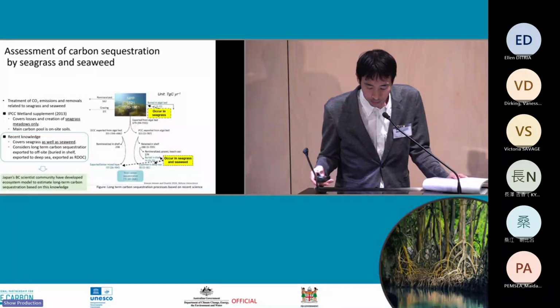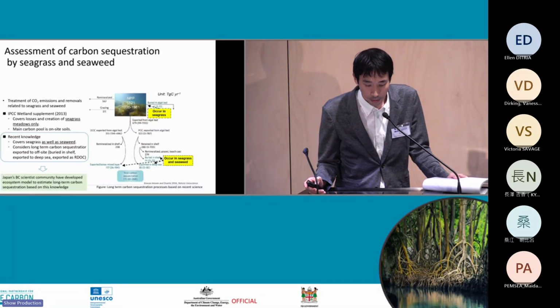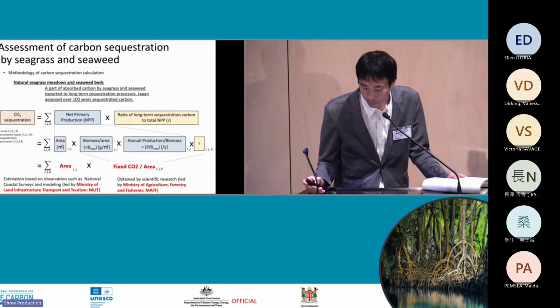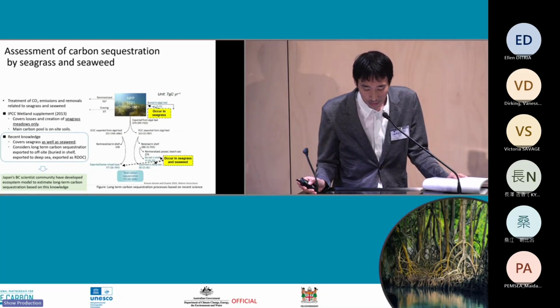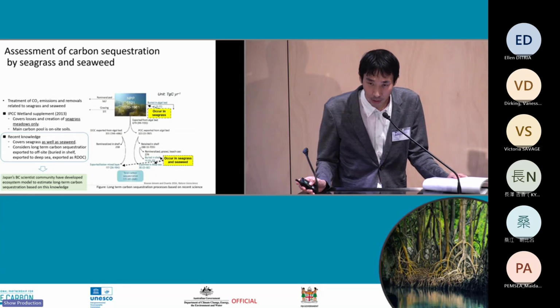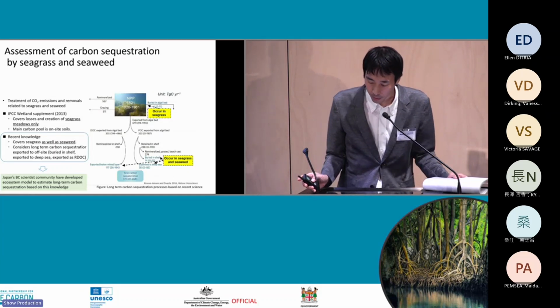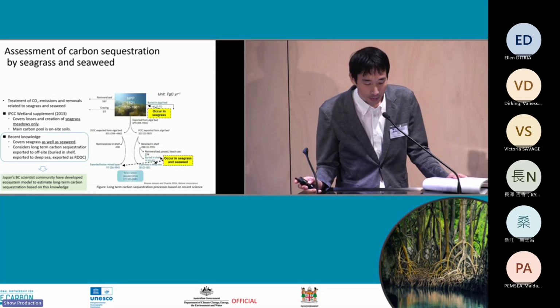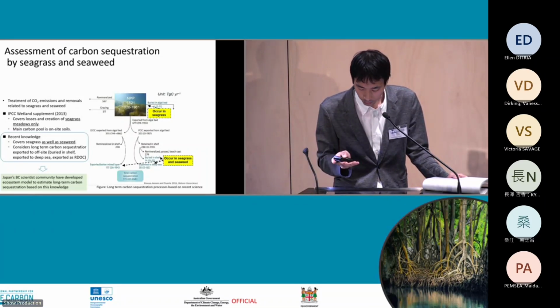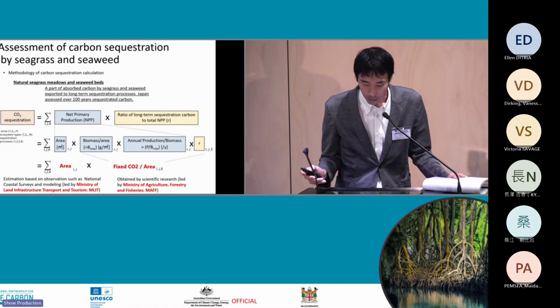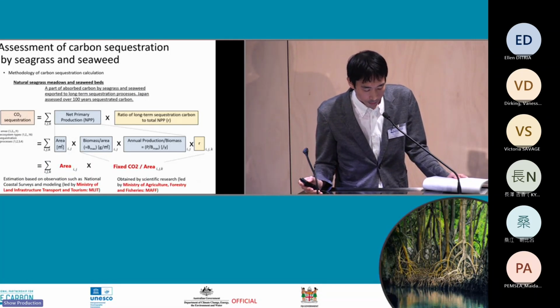That is, transport to the sediment or deep sea, or stored in the water as RDOC, refractory dissolved organic carbon. Based on this concept, Japanese scientists, in collaboration with government, developed a model and parameters to calculate carbon sequestration. This is the equation.